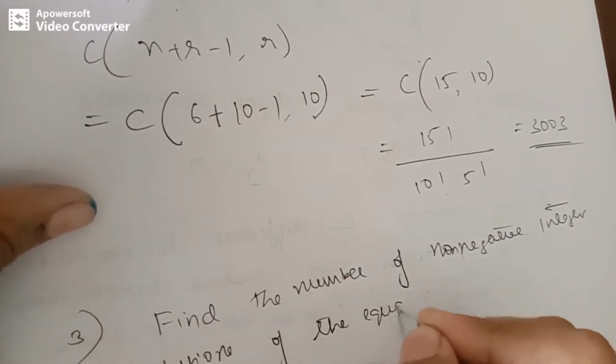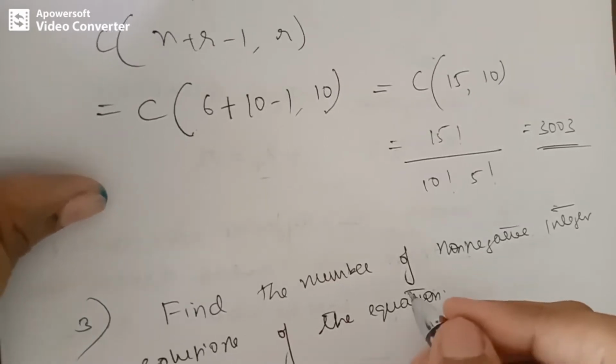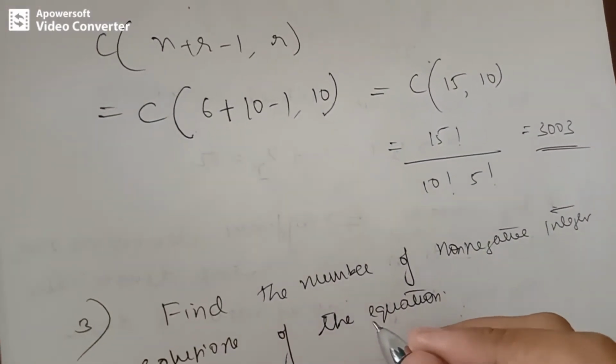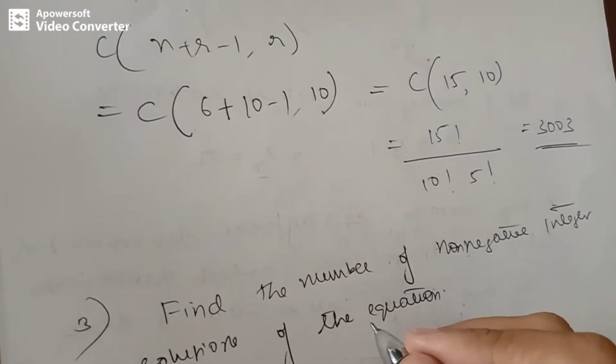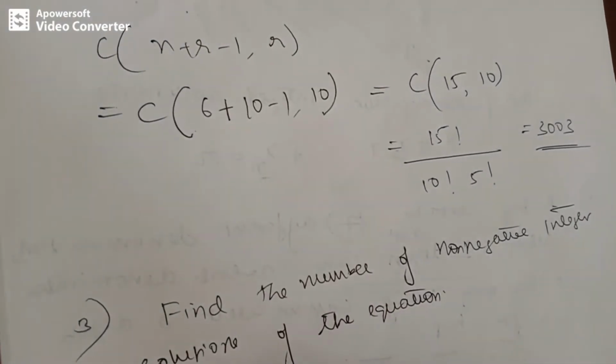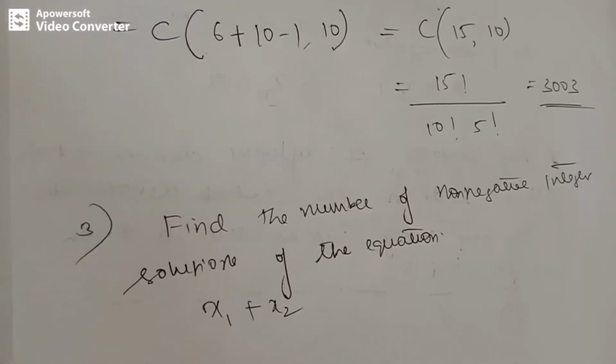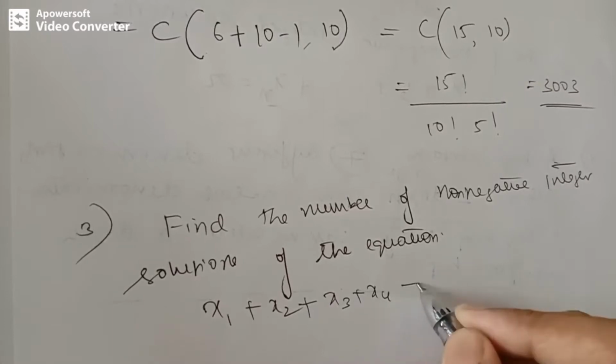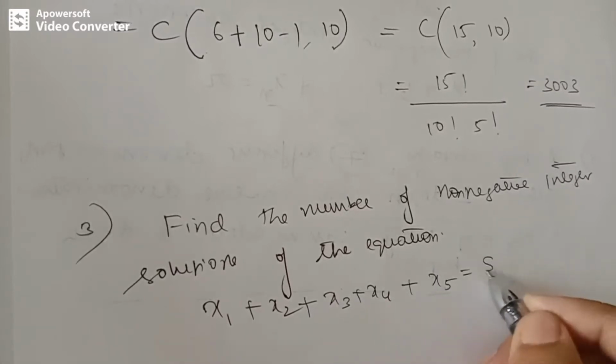So some equation will be given, as I have told you. The equation will be of the form x1 plus x2 plus x3 plus so on plus xk equal to n. So here we have got the question x1 plus x2 plus x3 plus x4 plus x5 equal to 8.